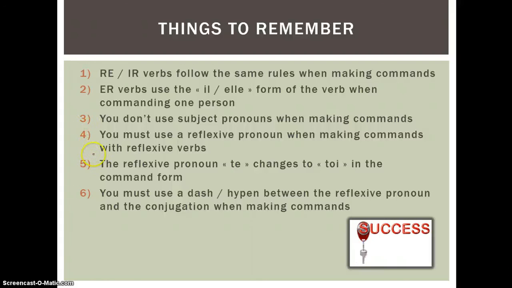Okay? You have to have that reflexive pronoun. You also need to remember that te changes to toi in the command form. Also, t apostrophe will change to toi. And last but not least, you have to use a dash or a hyphen, that's this little guy right here, between your reflexive pronoun and your conjugation when you make your commands.